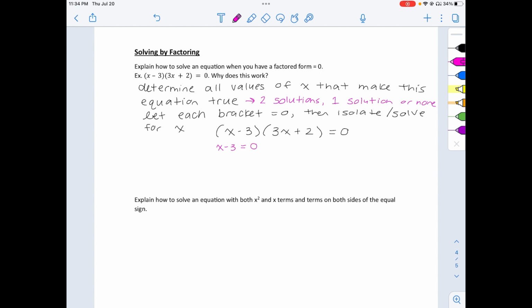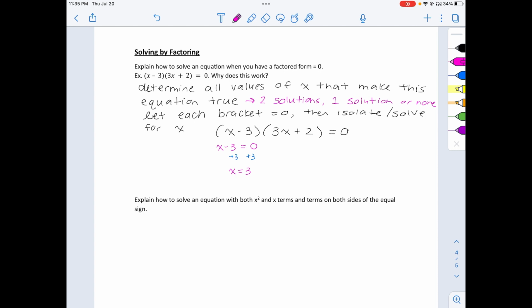I've already seen some of you do this in the previous lessons when we were finding the x-intercepts, and that is great. Technically, this is the way that you're supposed to show all of it, but we were just using the flipping the sign method, which for this bracket does work. So if we're isolating for x, we want to add 3 to both sides. So we would just have x equals 3.